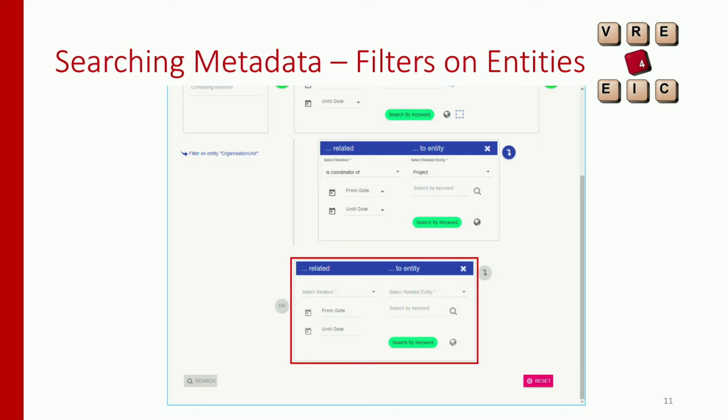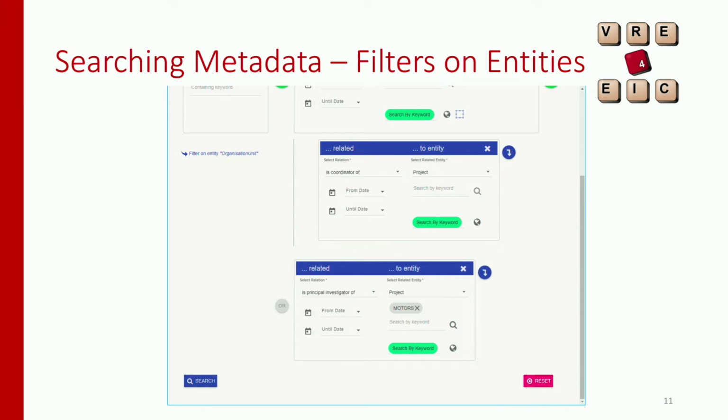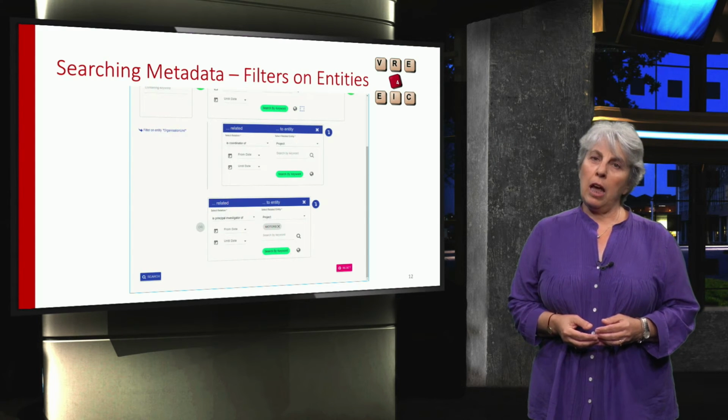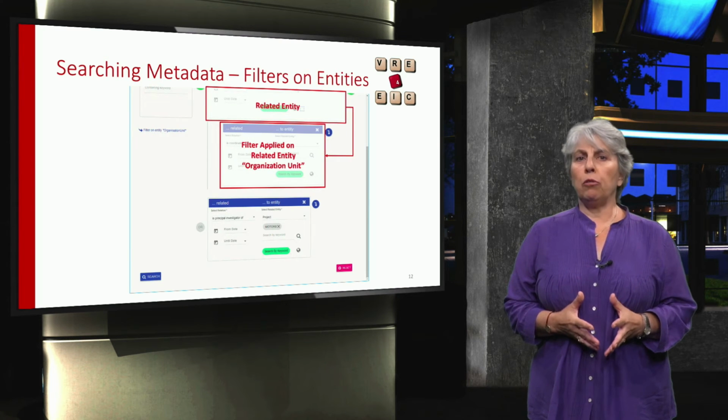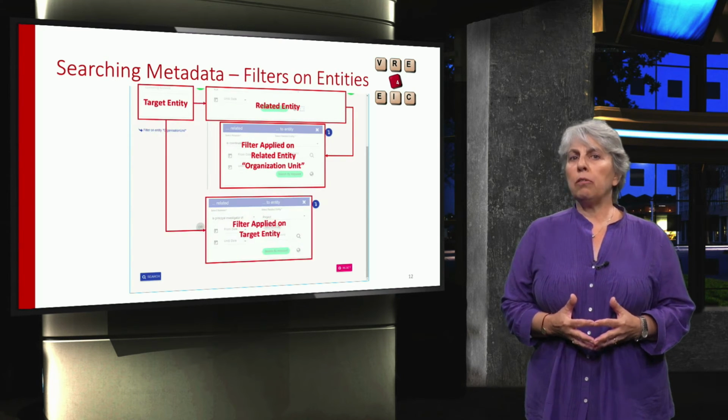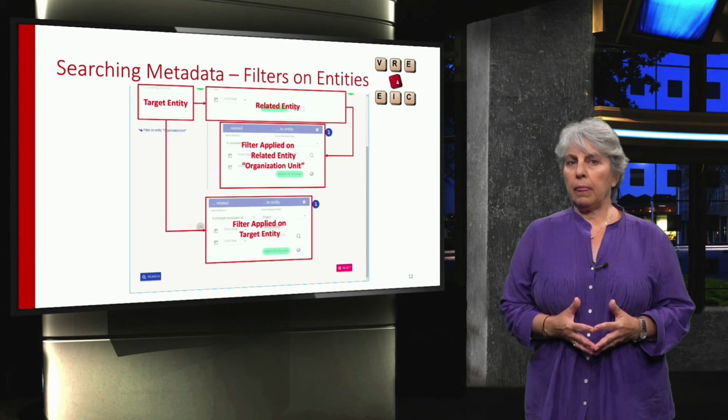The query is expanded to include persons that are also principal investigators of any project containing the keyword motors in the title. To sum up, 2 extra filters have been applied in total. One applied on the related entity and another one applied on the target entity.